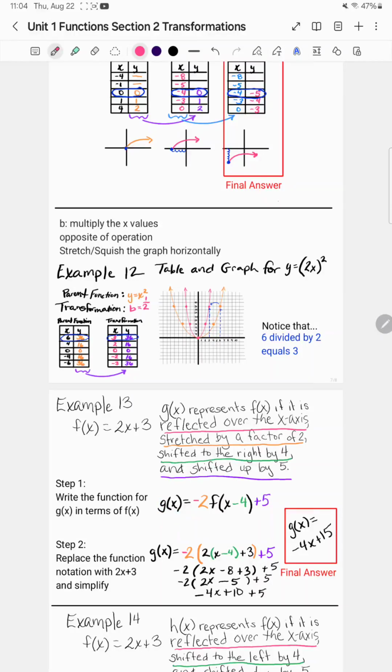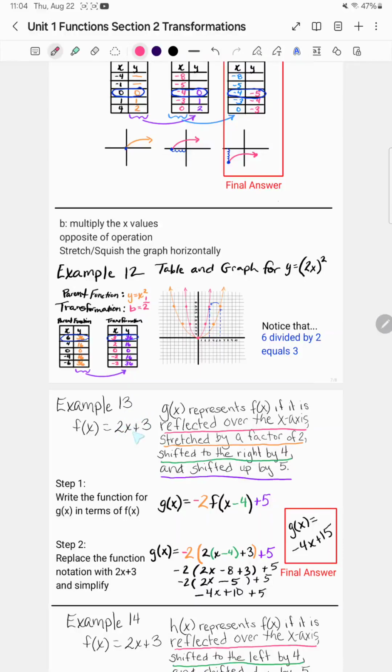All right, so step 2 is to do a different thing. Step 2 is to actually figure out what the equation g of x actually is. So to do that, instead of writing it with the f of x here, we need to write what f of x equals.